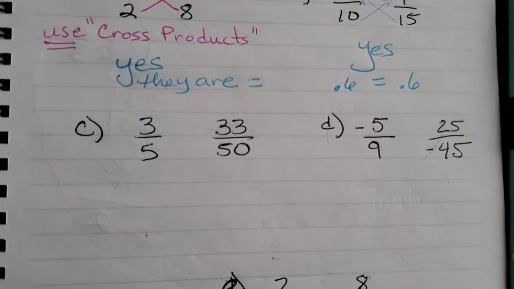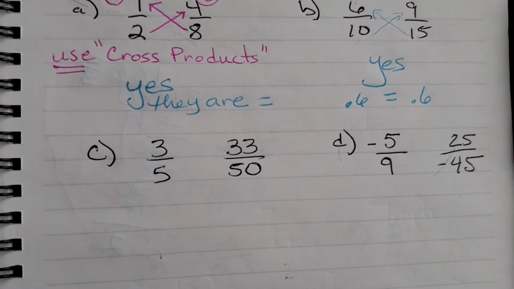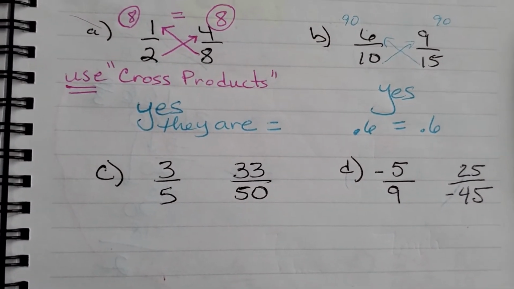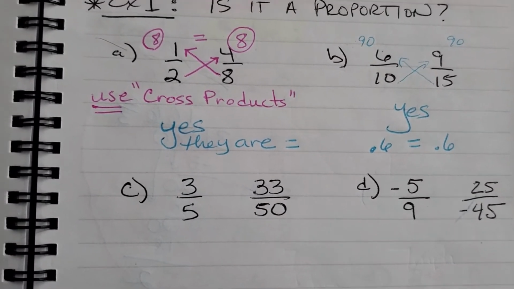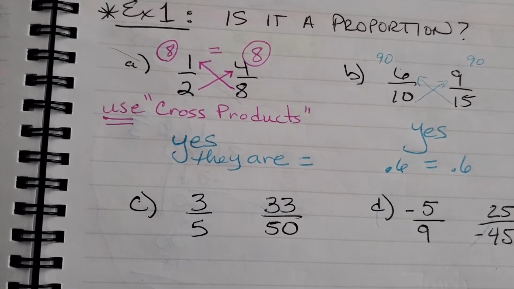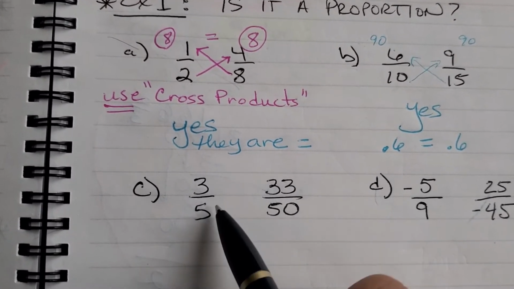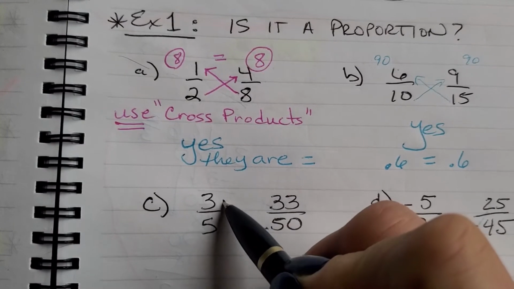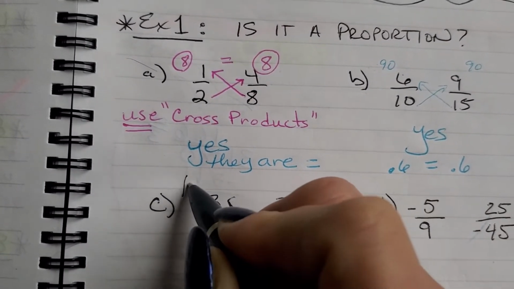So let's just try these. We're going to start with C. We're going to say 3/5, is that equal to 33/50? Well, we're going to start with 50 times 3. What do we get? 150.